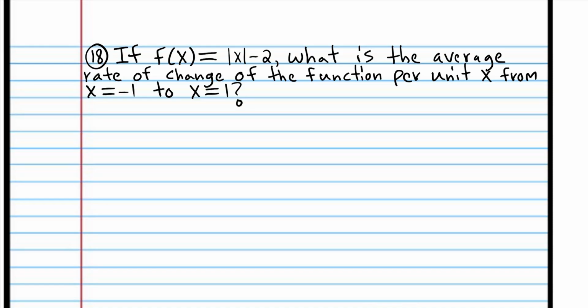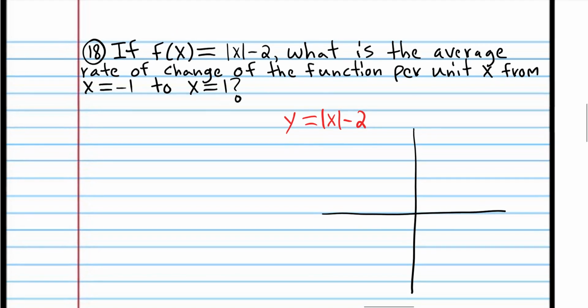So you don't have to graph this function, but just to show you what's going on here, I'm going to go ahead and graph it. Now remember, f of x is y. You can just consider it to be y. Now the parent function, or the parent relation, whatever you want to call it, is y is equal to absolute value of x. And if you were to graph that function, it would look something like this.